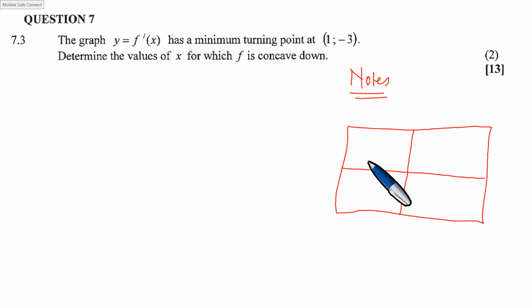So now you can have this one here. f prime of x is negative, but also f prime of x is positive.